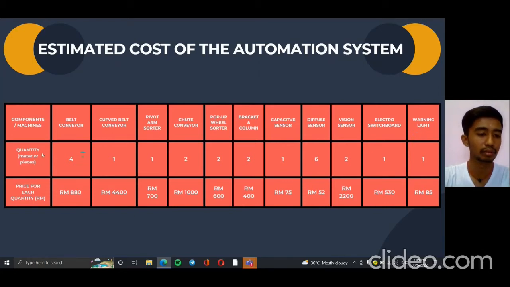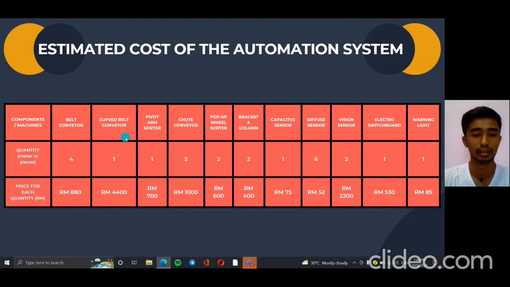We have also given the quantity of each component and machine, and finally, the price for each quantity. Let's start with the belt conveyor. We have used 4 quantity, and the total price based on the current economy before the 1st of July is RM 880.